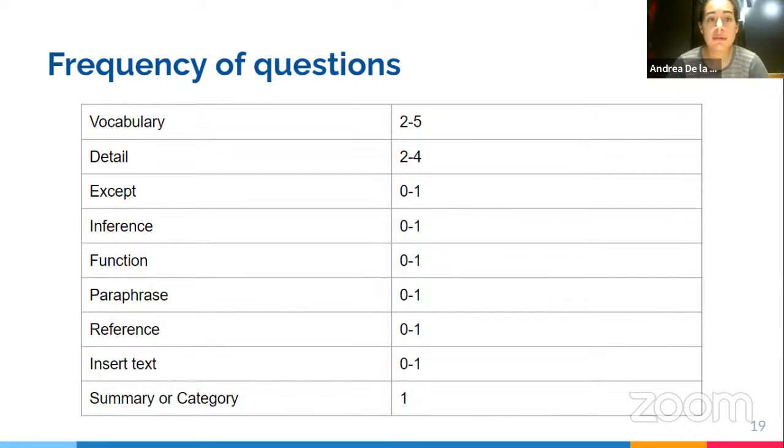You need to read and read and read as much as you can, and read about complex topics. Don't read letters to a friend or diary entries, things like that. You need to read scientific articles, literary articles, maybe heavy literature. That's the only way that you're going to improve your reading comprehension.